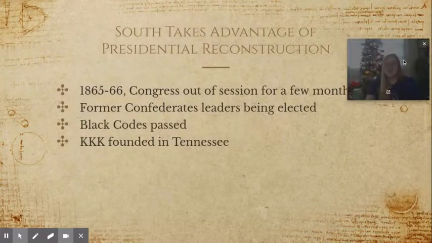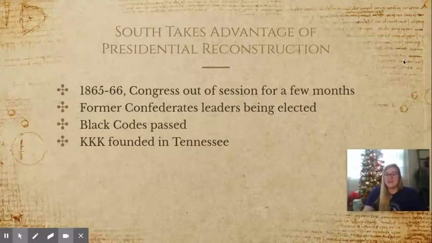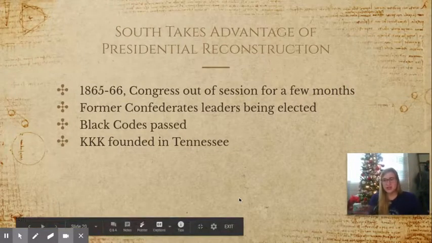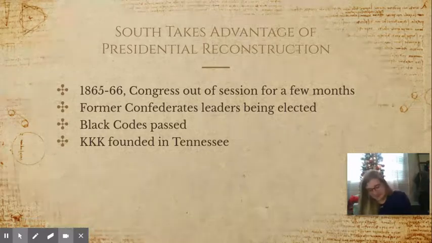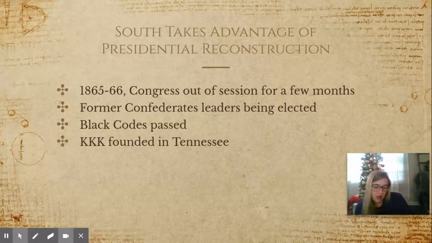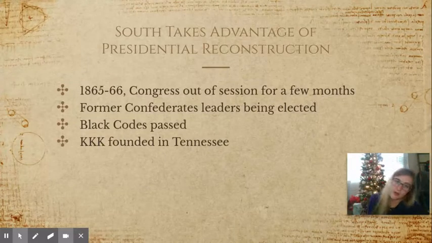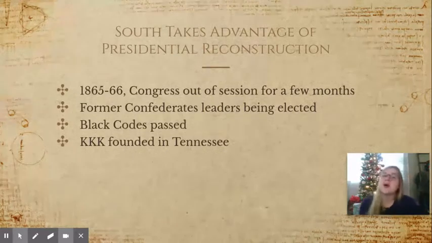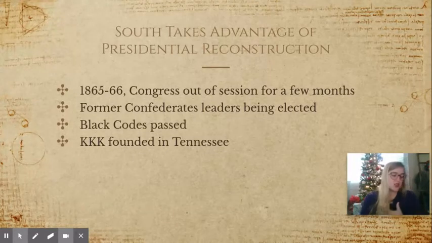All right. So the South, during this time period of 1865 to 1866, when President Johnson is able to enact some presidential reconstruction, the South totally takes hold of it and just runs with it.